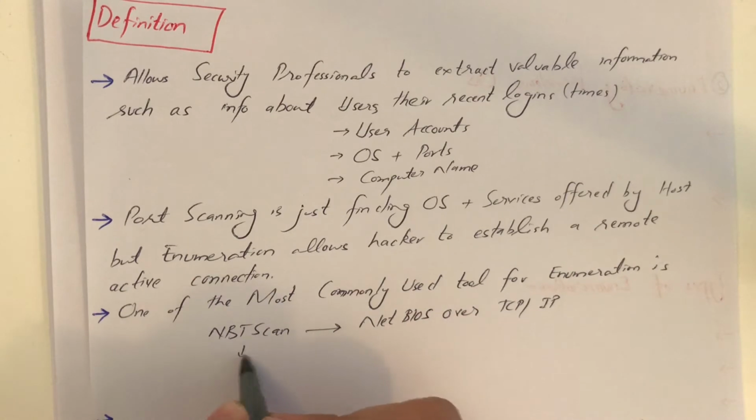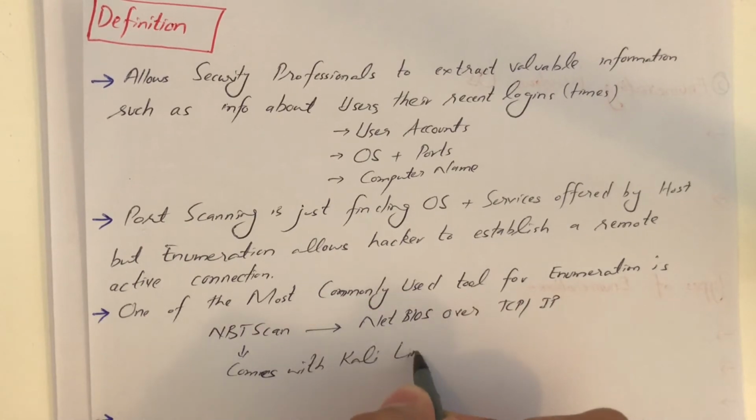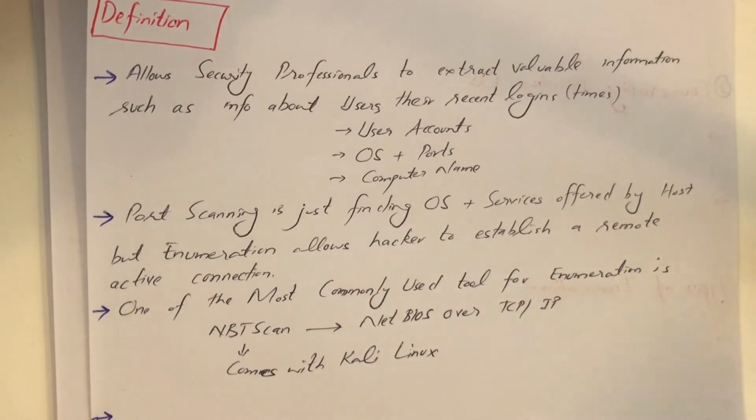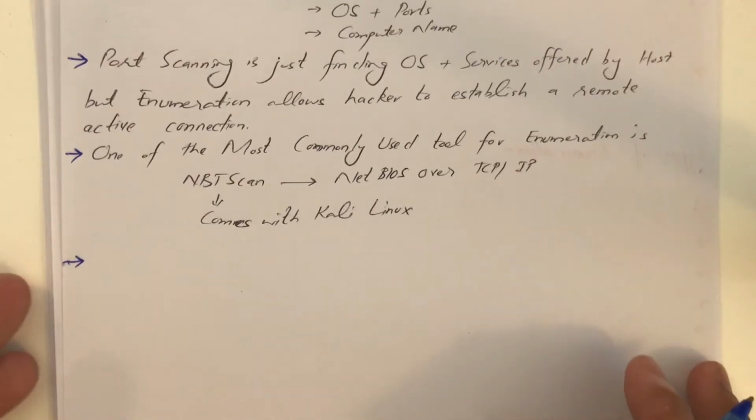And this particular NBT scan comes with Kali Linux. So if you use Kali Linux, it actually comes with that, and you will actually use it in your labs as well, the Cengage labs in fact.